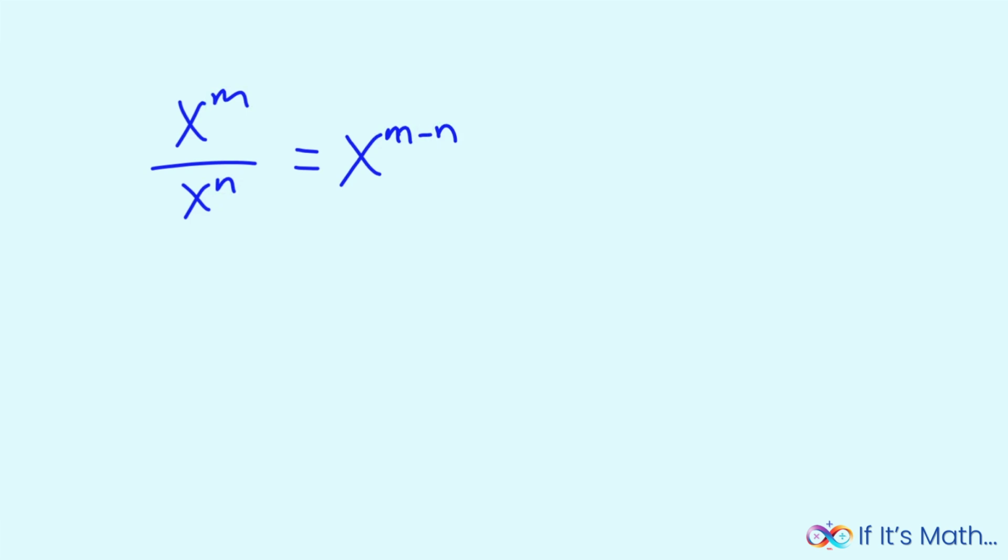So let's take a look at an example. If we have x to the 7th divided by x to the 4th, that is going to be x to the 7 minus 4, which is x to the 3rd.